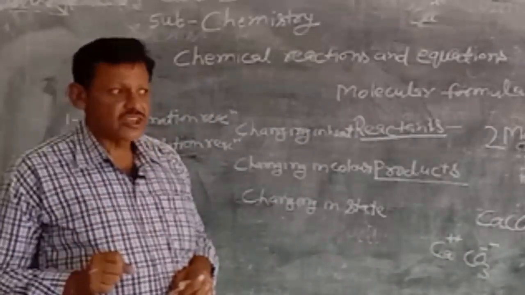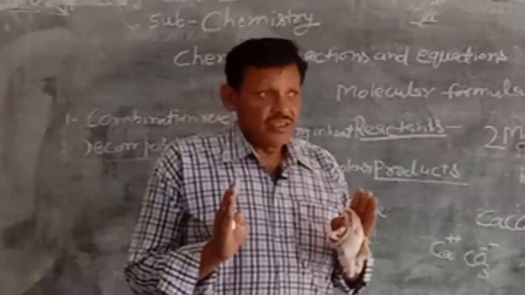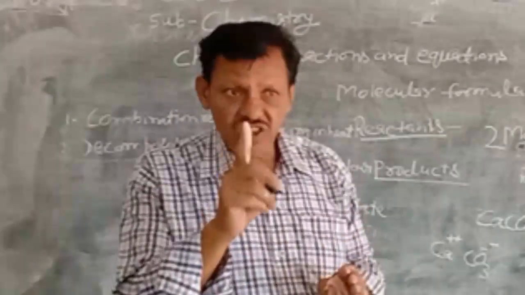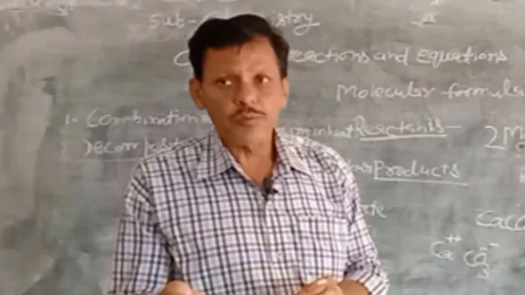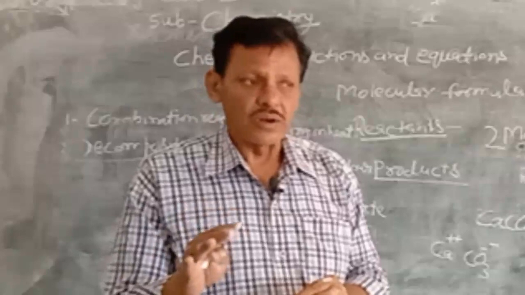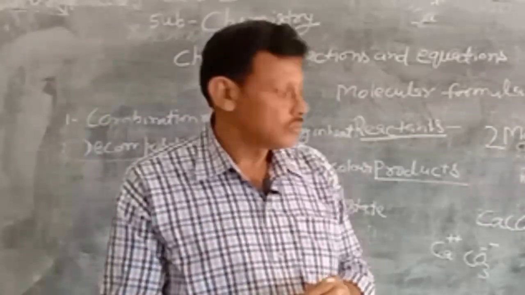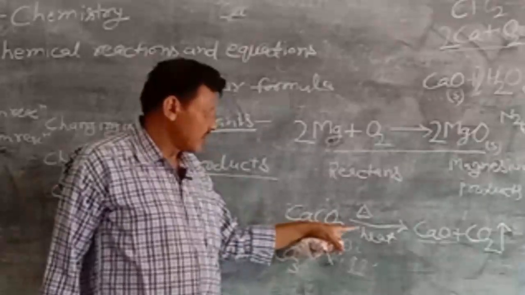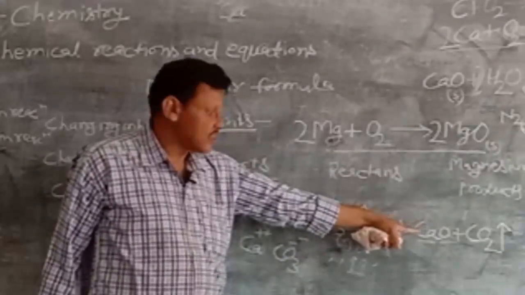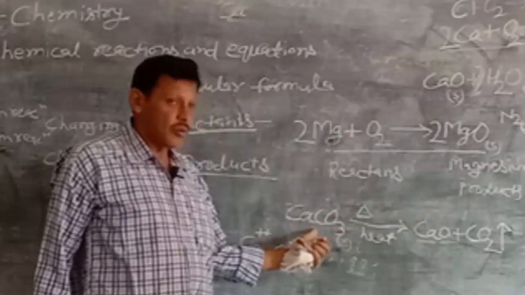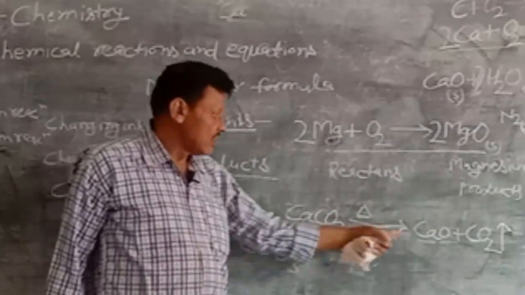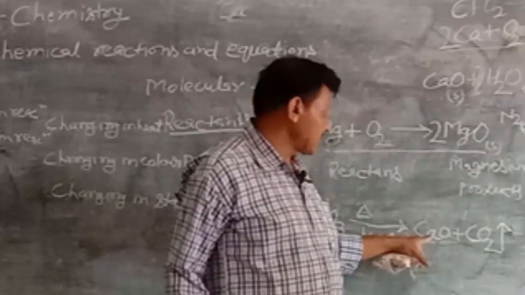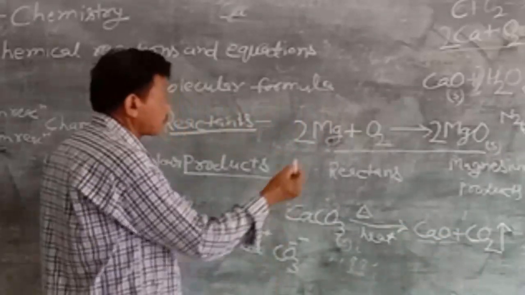In decomposition reactions, it is essential that the number of reactants is always single and the number of products is more than 1, 2 or more. For instance, when calcium carbonate is heated, calcium oxide and carbon dioxide are formed. The number of calcium carbonate molecules is single, but in products there are 2 products, calcium oxide and carbon dioxide.